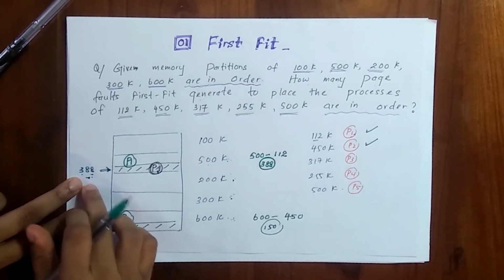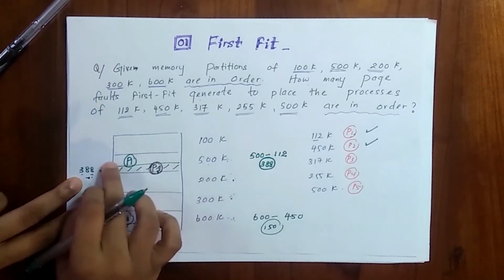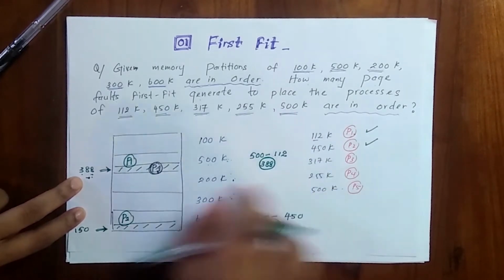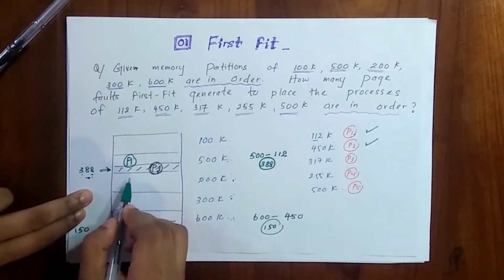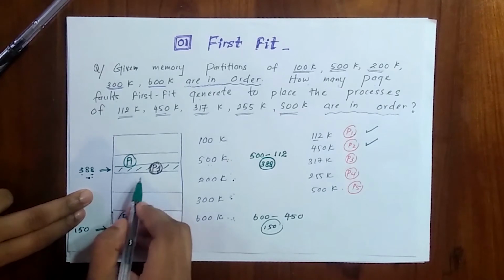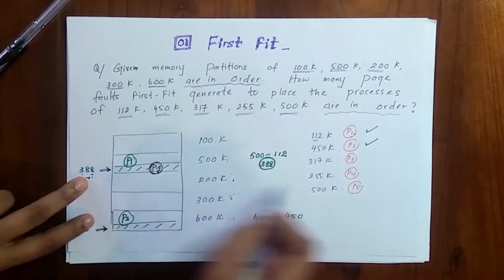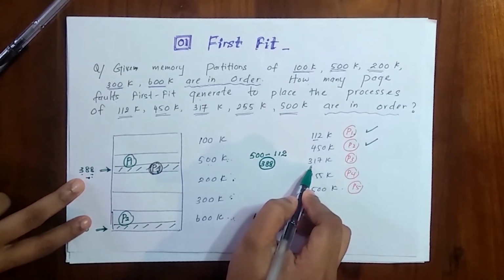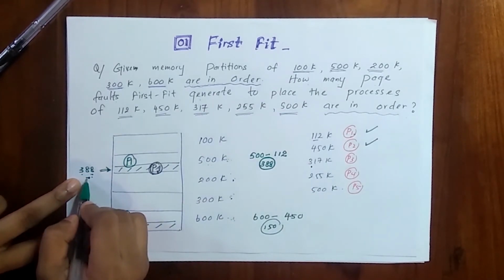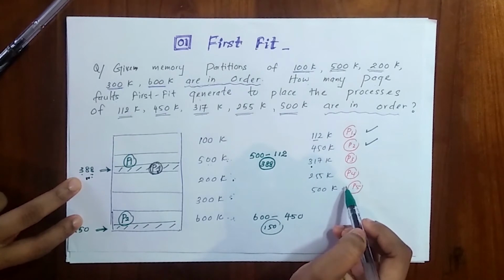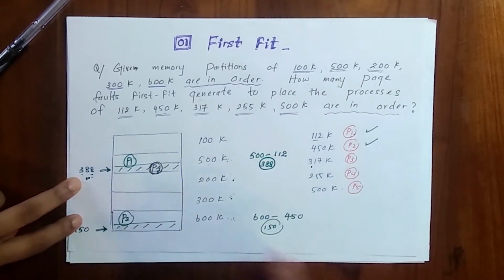You can take that available space to place these processes later. And now there is no need of calculating the available space. When 317 is reduced from 388, it is a very small amount. No process has such a small value, so no need of calculating it.